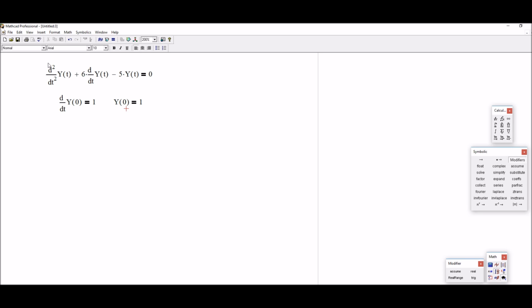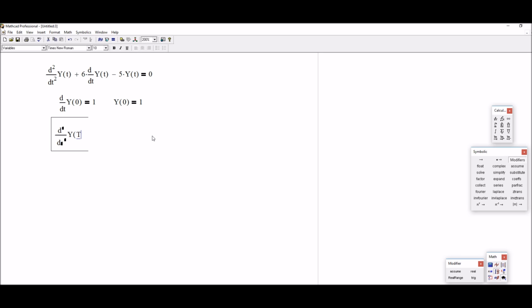First, as before, I will find the Laplace transformation of this one. The second order differential can be found using the keyboard shortcut Control Shift and slash. Also it is available in the calculator toolbar here.